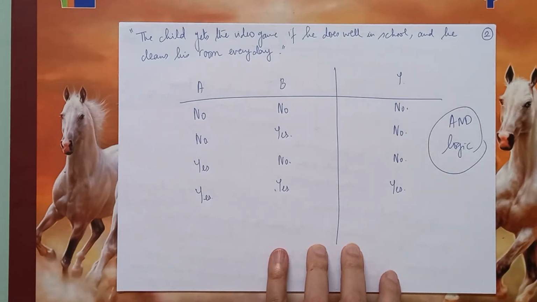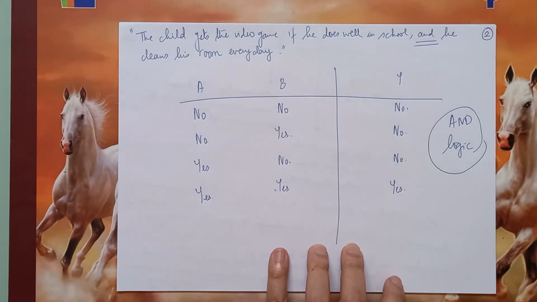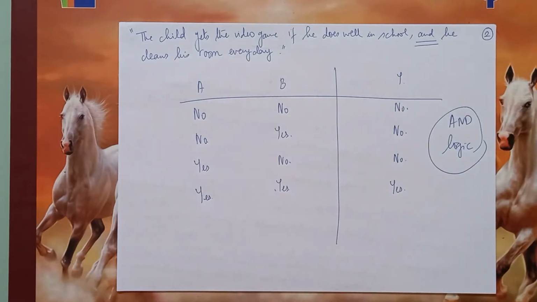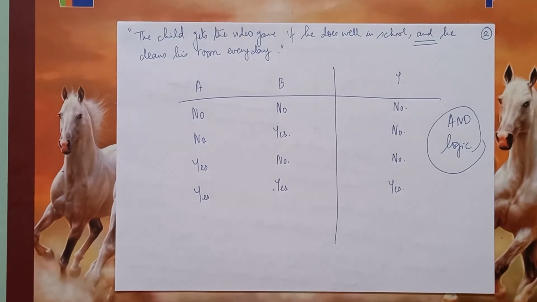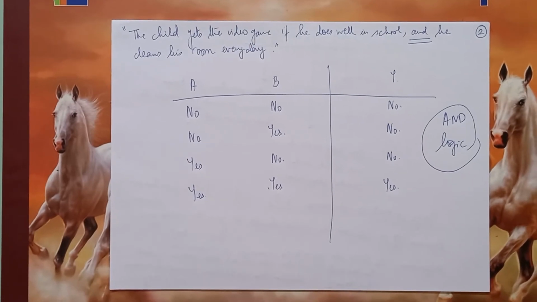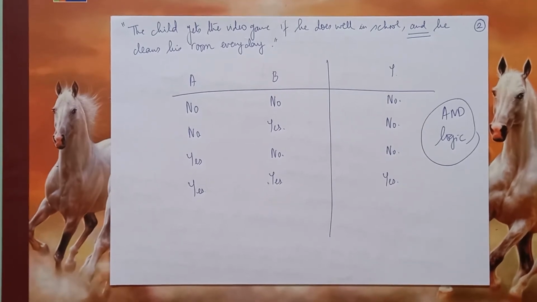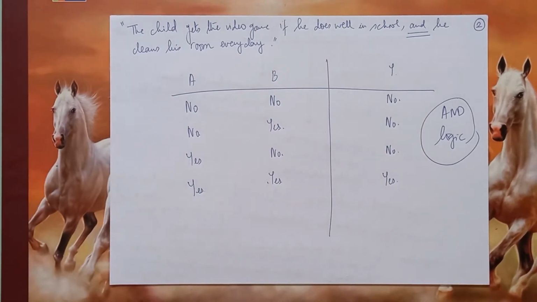The reason is very simple, because of the word AND over here. Which means that it is quite clear that the parents want both the conditions to be satisfied in order for the child to get what he wants. So this is an example of parents being very strict.